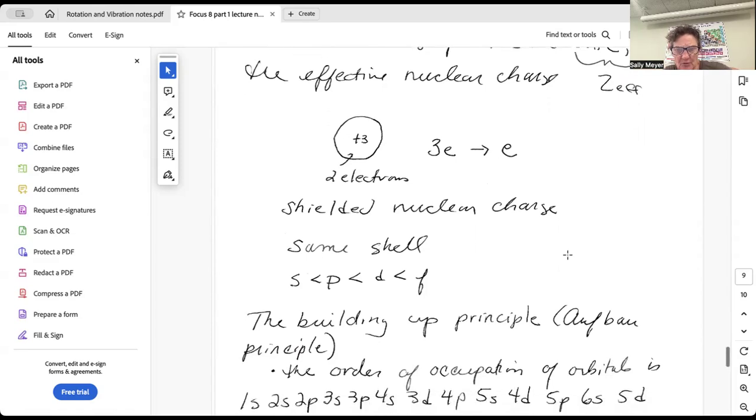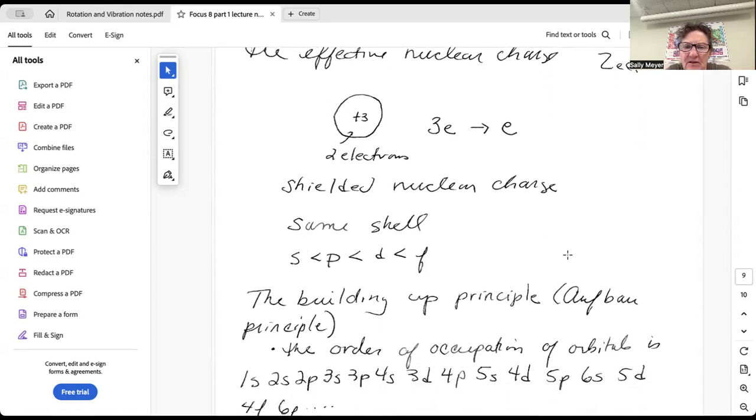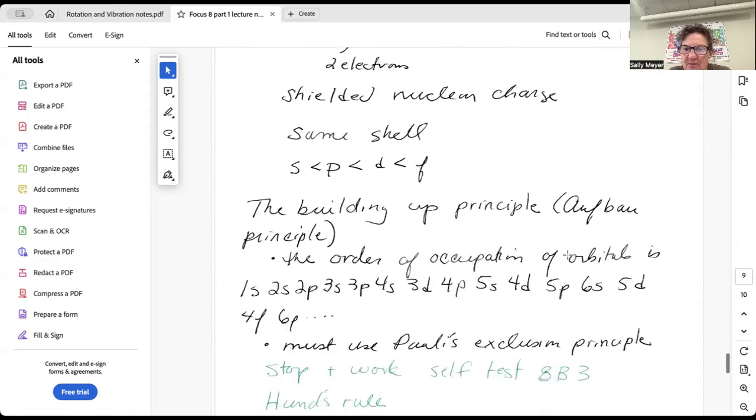So when we're talking about being in the same shell, s's shield less than p's, shield less than d's, shield less than f's. As we think about building up electron configurations using the Aufbau principle, the order of occupation of the orbitals is given here.